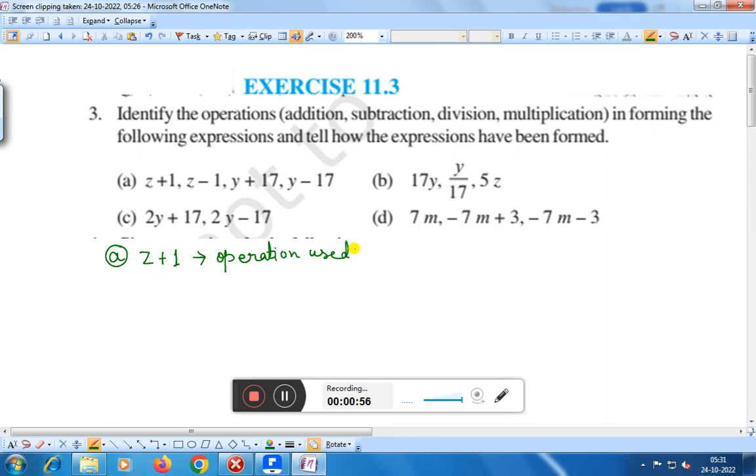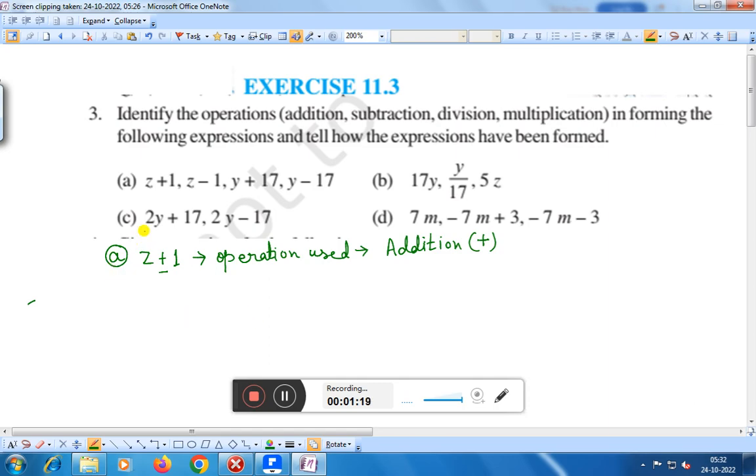Here you see the operation is plus. Therefore you can say operation used is addition. Addition means plus. Now how has the expression been formed?